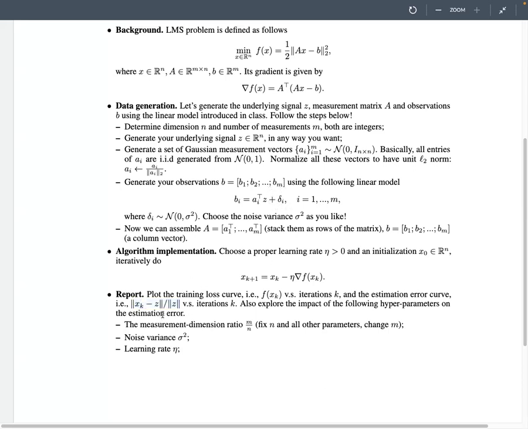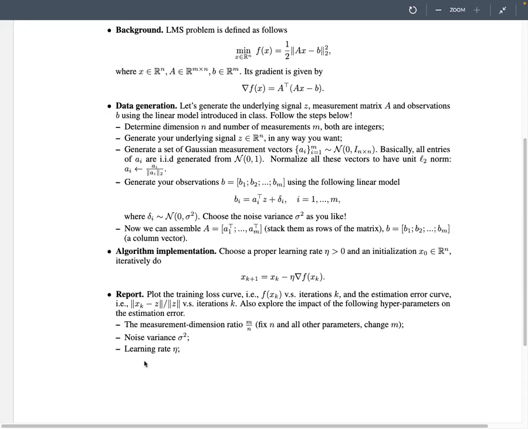So you can change the following parameters, redo the experiment, and see how that affects this estimation error. You will change your measurement dimension ratio. You can fix the dimension and then vary the number of measurements, and see how that affects the estimation error.